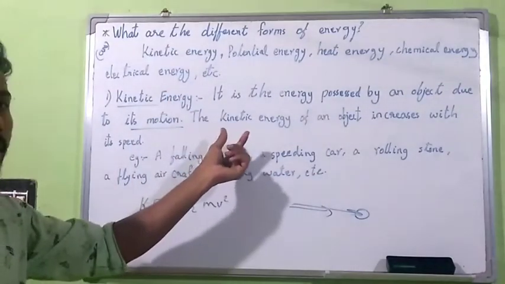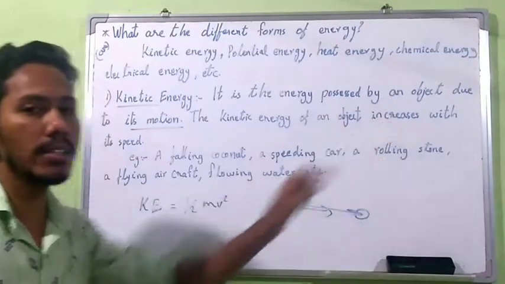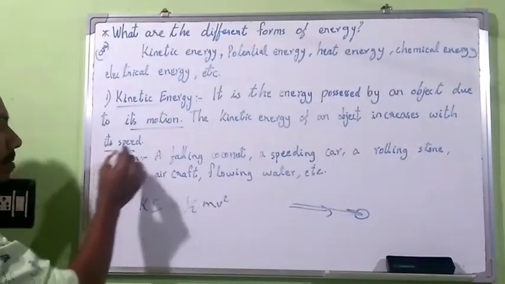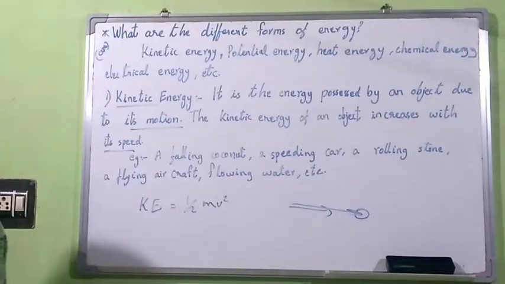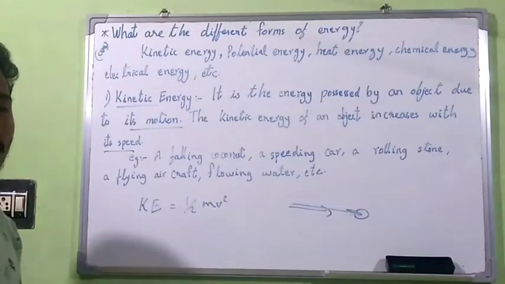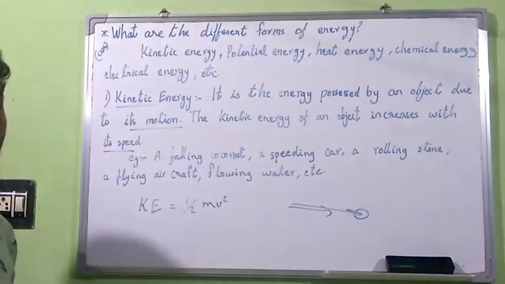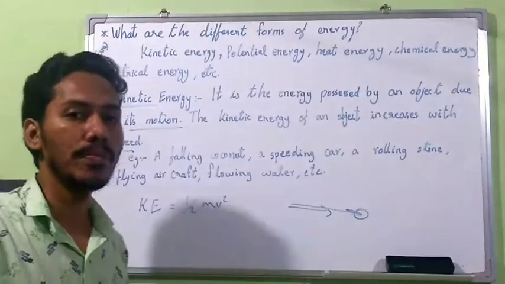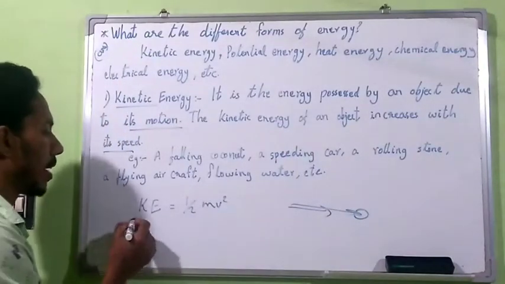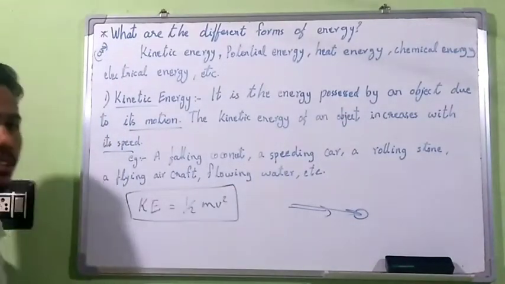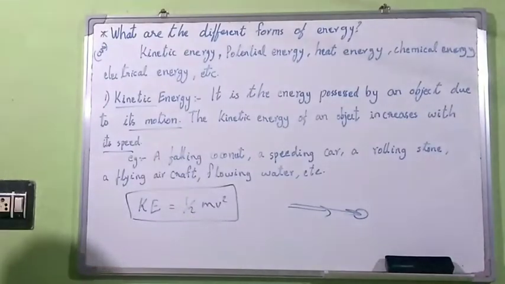The kinetic energy of an object increases with its speed. Kinetic energy depends on its speed. When speed increases, kinetic energy also increases. This is the equation to find kinetic energy: kinetic energy is equal to half m into v square.